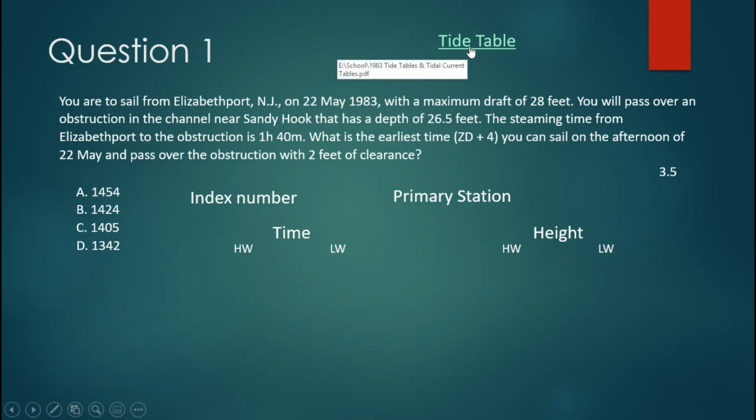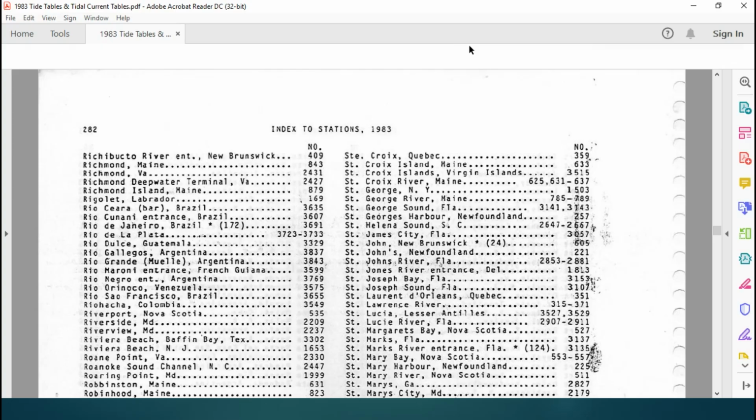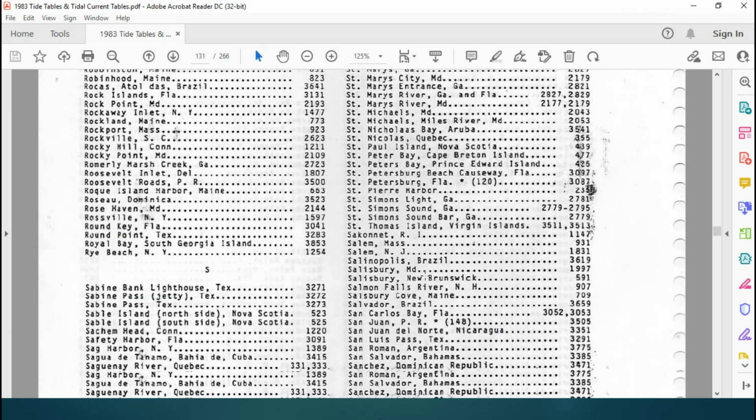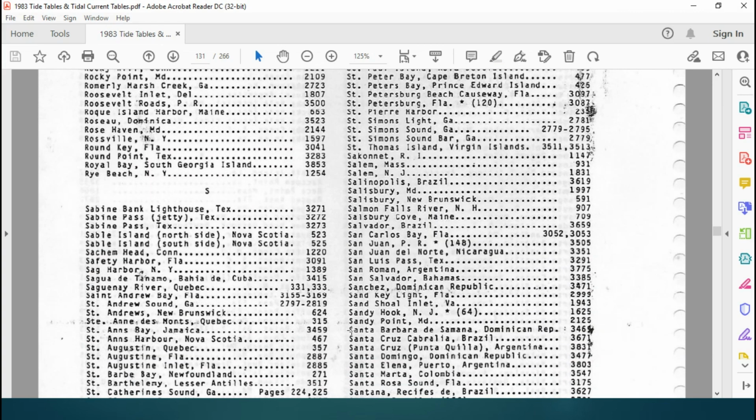Let's go to the tide table and get our index number for Sandy Hook. Let's see, where are we at? Right here, Sandy Hook. The index number is 1625.